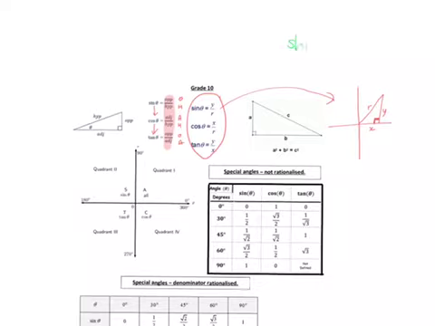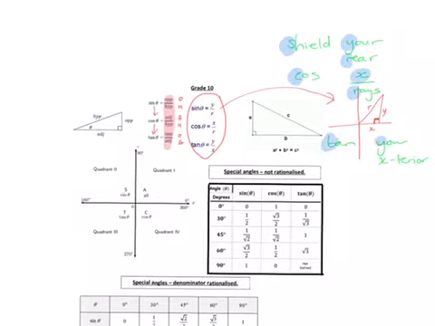Shield your rear, cause X rays tan your exterior. And that comes from: sine is y over r, cos is x over r, and tan is y over x. So that's just another little trick to remember it. Or what you can do is just draw a little triangle for yourself and work it out.